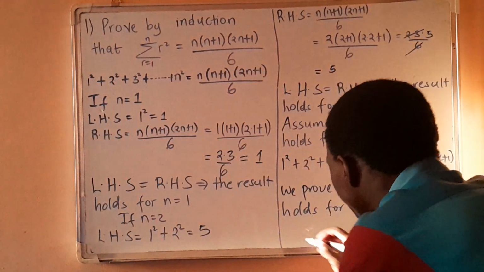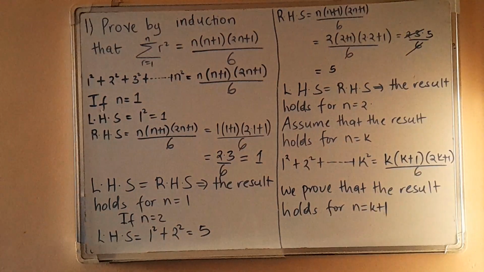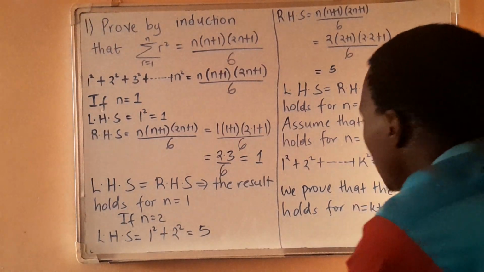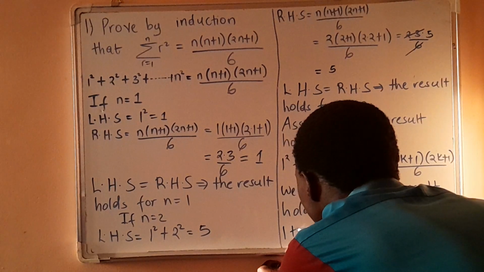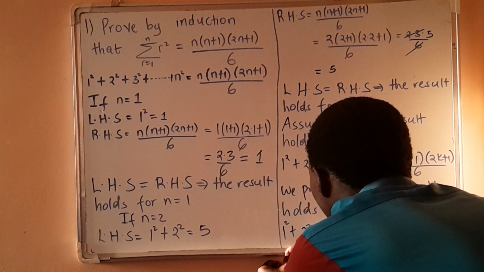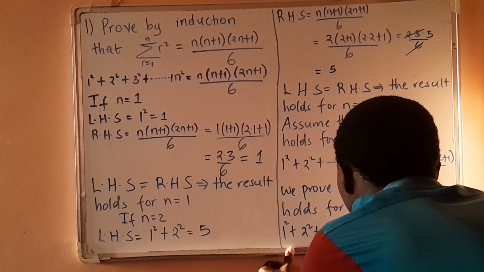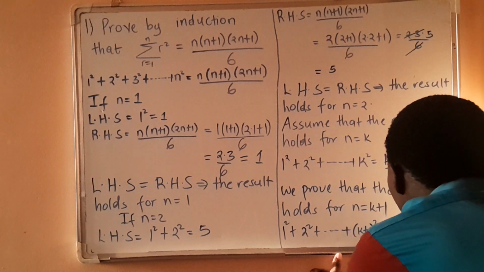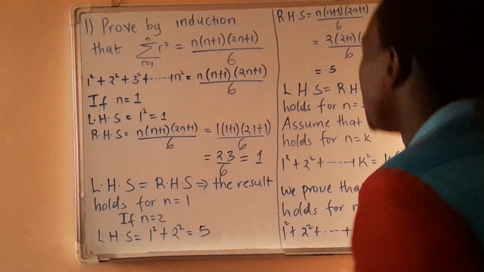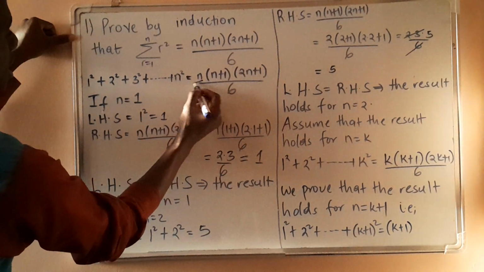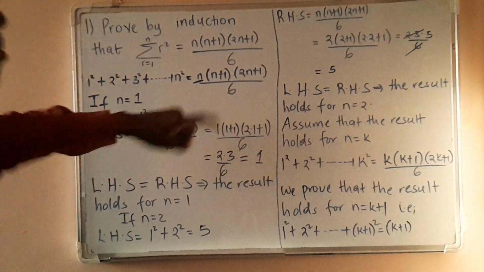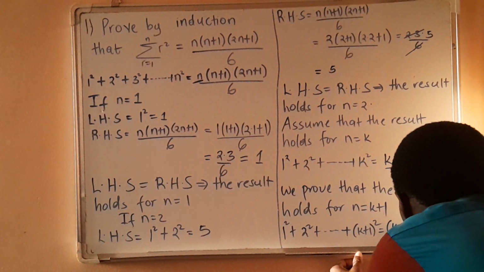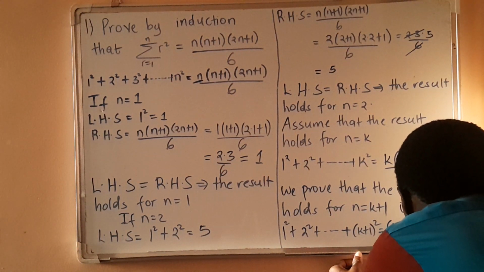So we want to prove that the result holds for n equals k plus 1, that is to say, we are supposed to show that 1 squared plus 2 squared plus up to (k plus 1) squared is equal to (k plus 1), where there is n. Look here, where there is n, I'm substituting k plus 1. So this is k plus 1 plus 1, which is k plus 2.